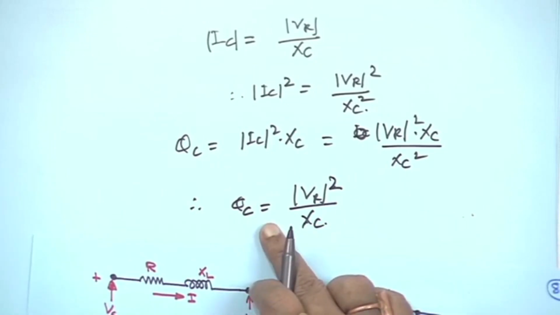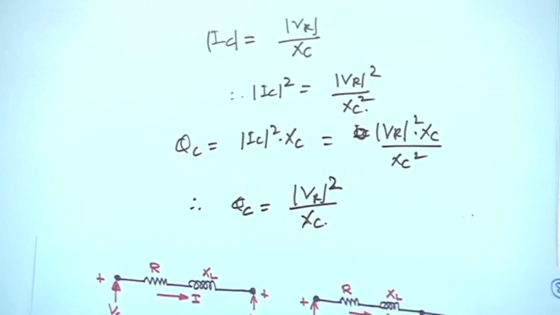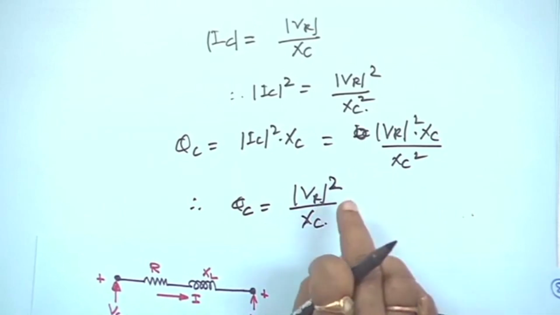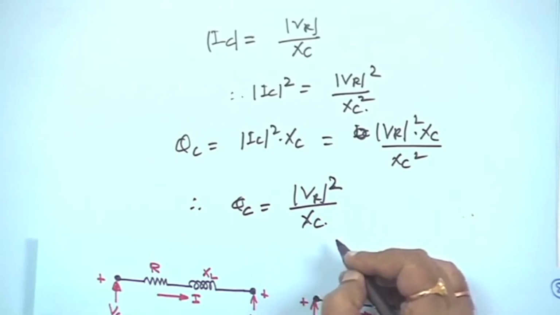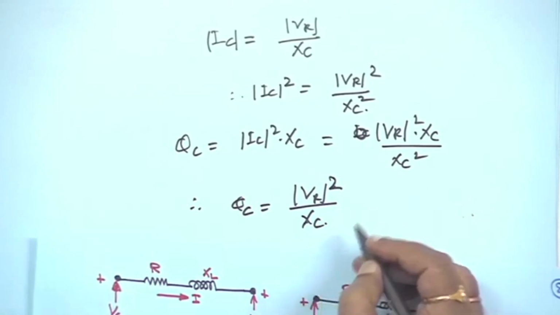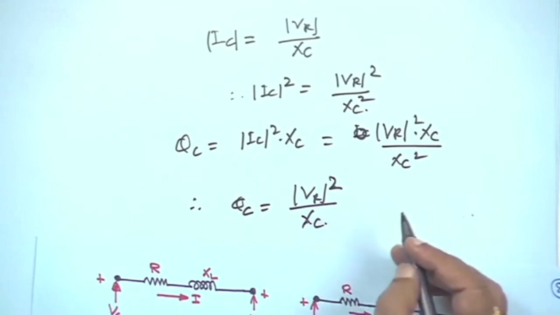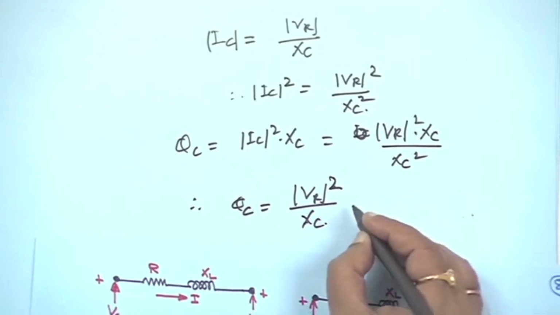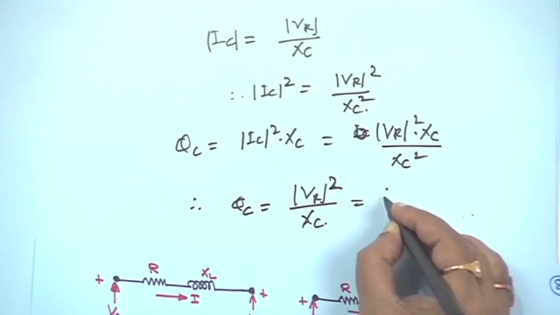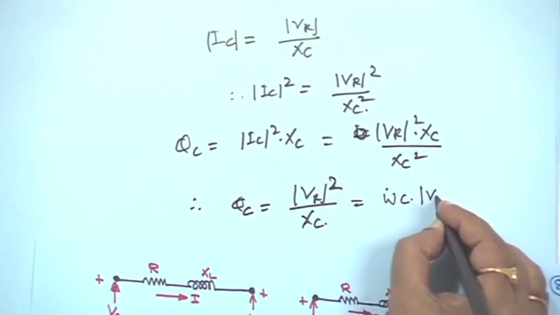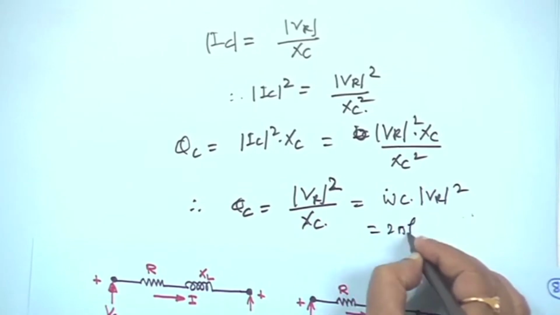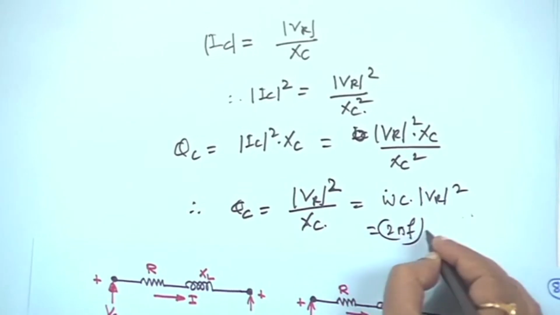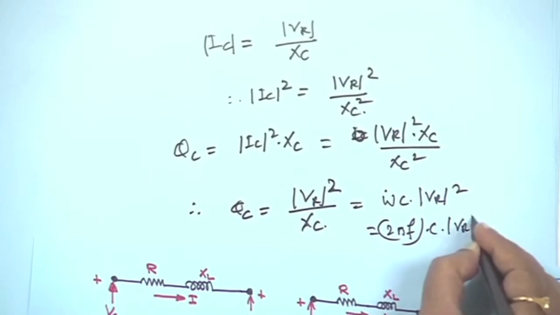from the shunt capacitor. Now, if we assume that VR is constant, and XC, with frequency more or less constant, XC is equal to 1 upon omega c. So, it is omega c into VR square, and that is equal to 2 pi f into c into VR square.